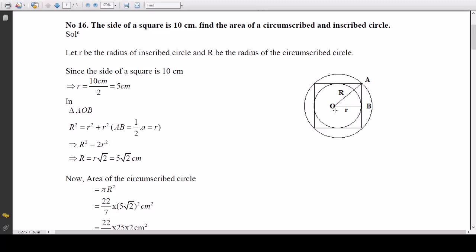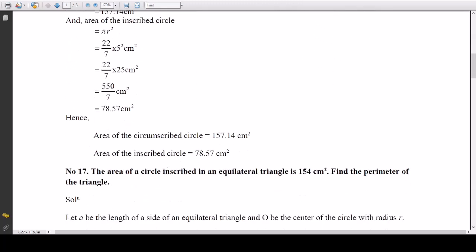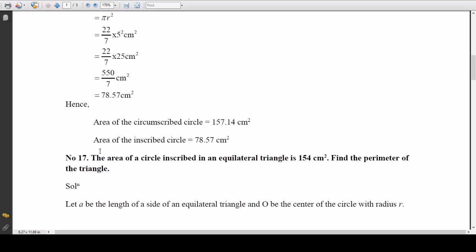What is OA? OA is also denoted by R, the radius. Therefore, finding out the radius from here, once you get the radius, you can easily find out the area of the circumscribed circle.